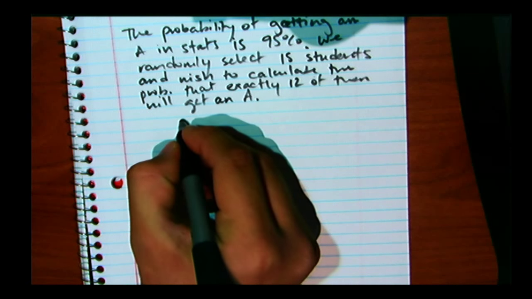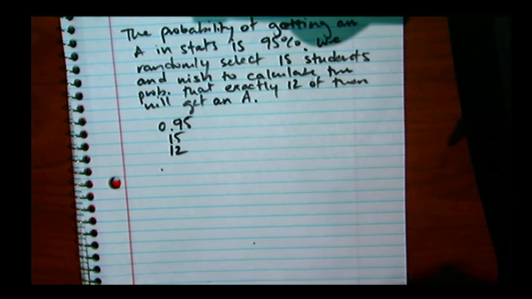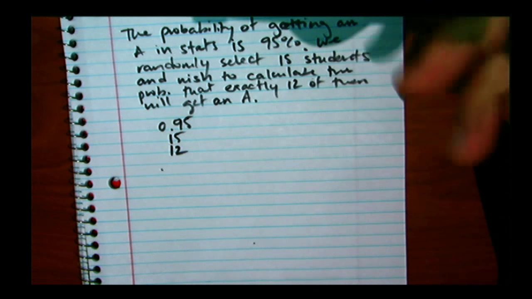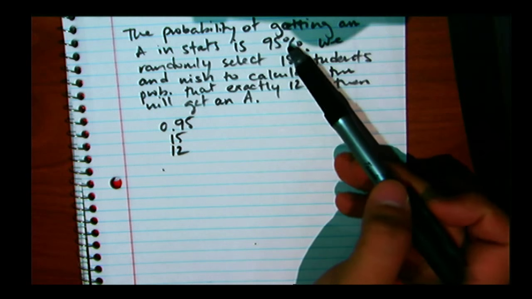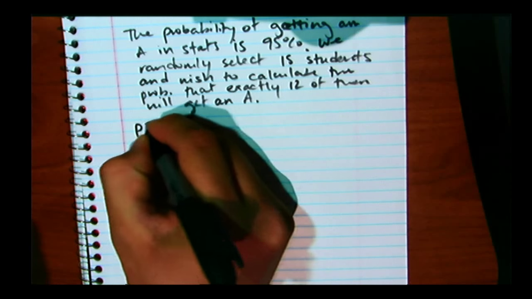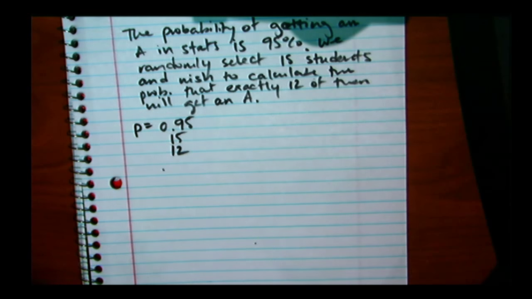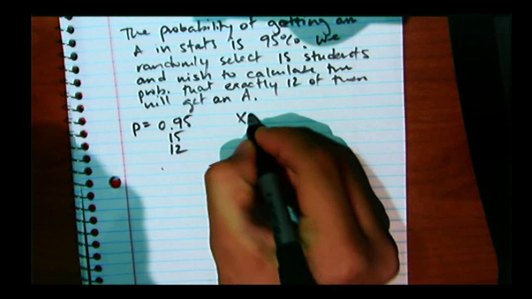For the probability of success, we're being told that it's 95%. Okay, we can define a success as getting an A in the class. So therefore, the probability of that X, or the probability of that success, is 95%.